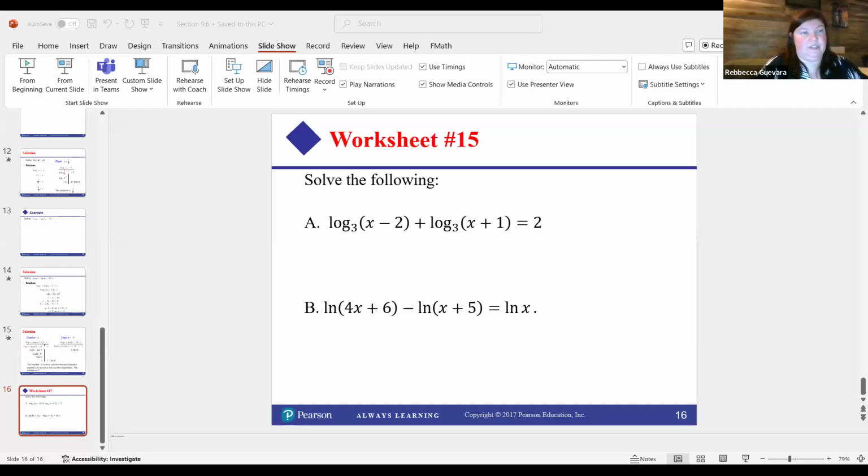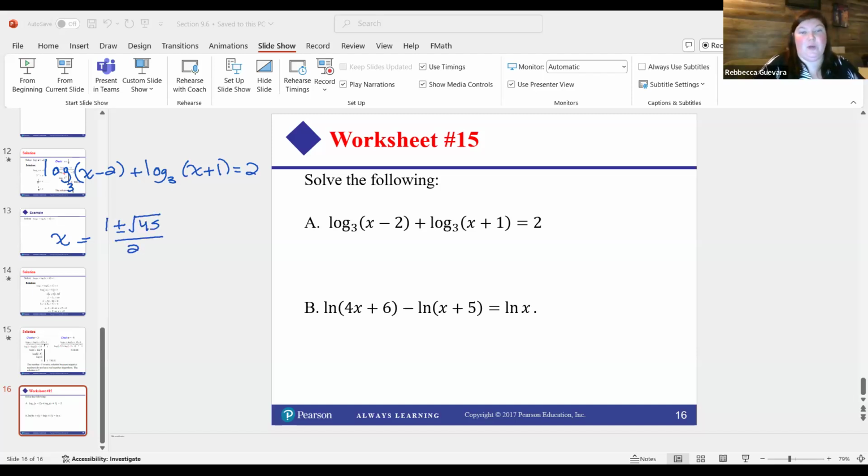So we see here that if we try both answers, I had to write this converted, but remember we have log base 3 of x minus 2, plus log base 3 of x plus 1 equals 2. And we said that our answer was going to be 1 plus or minus the square root of 45 over 2.